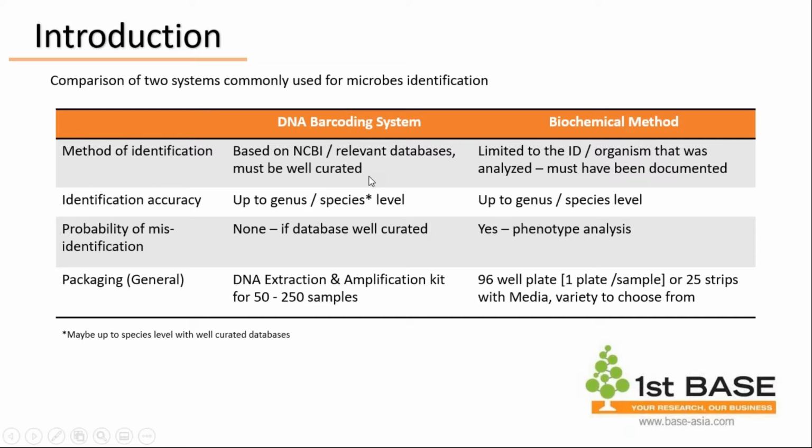For DNA barcoding, if you compare in a standard database like NCBI BLASTN, it gives you accuracy up to genus level, but if you compare with a more well-curated or more specific database, like the rRNA database with megablast, then it can be accurate up to maybe the species level. It depends on the similarity of the sequence from your sample to the database.